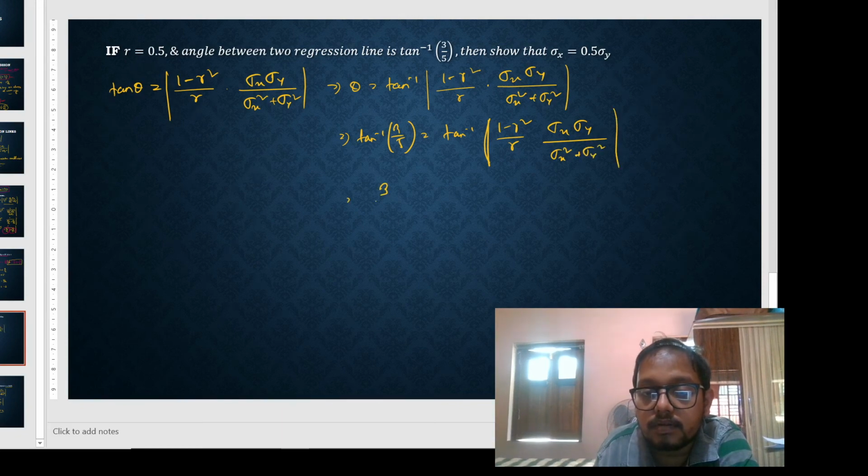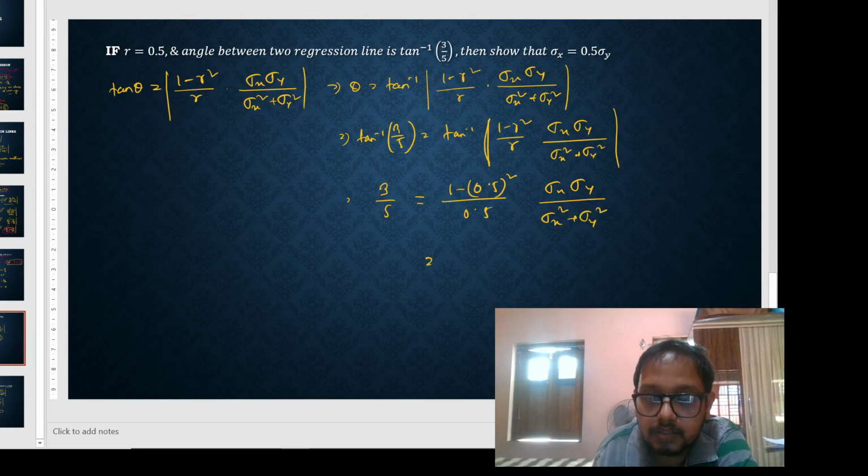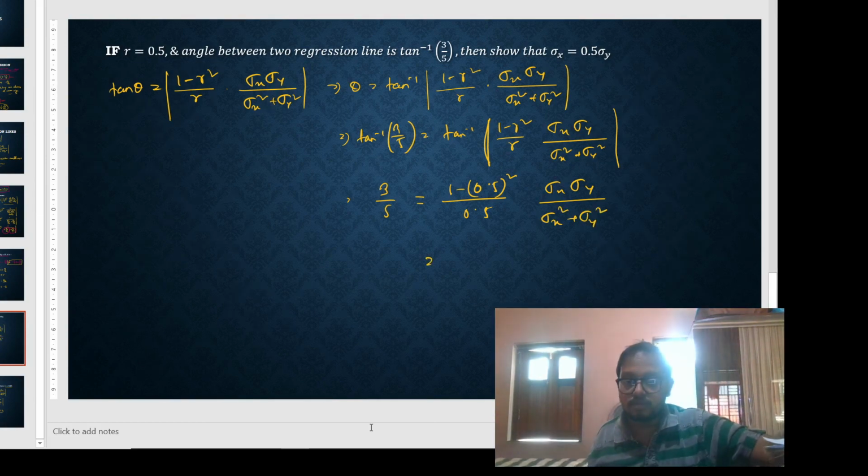And so from here can we write 3 by 5 is equal to 1 minus 0.5 whole square by 0.5 into sigma x sigma y by sigma x square plus sigma y square. So now we have to just simplify this one.